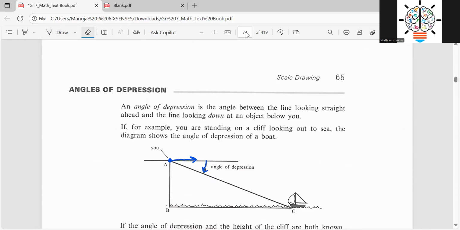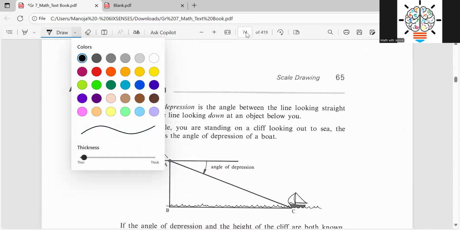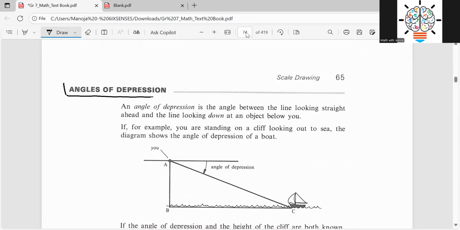So then you take your theory books first of all and put the date and write down the subtopic angle of depression. An angle of depression is the angle between the line looking straight ahead and the line looking down at an object below you.